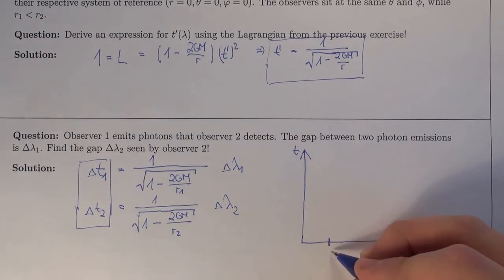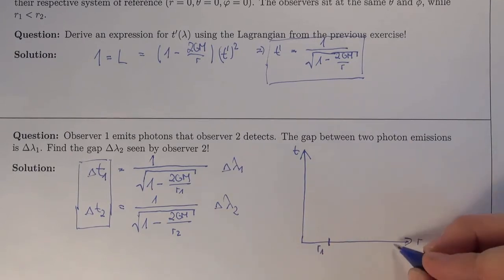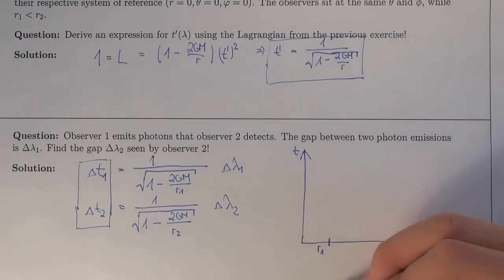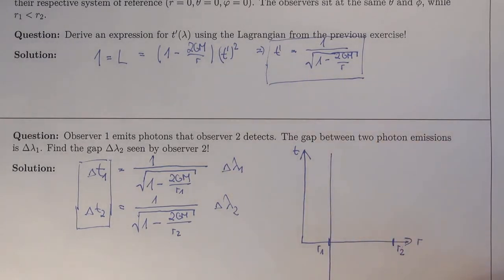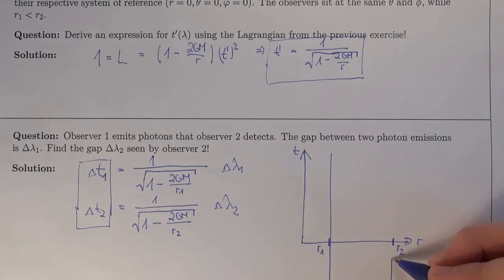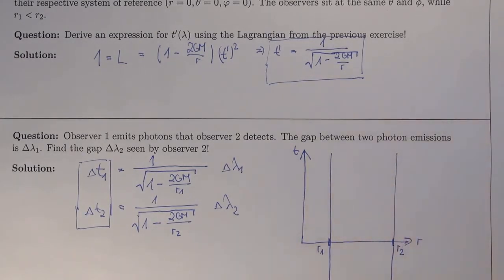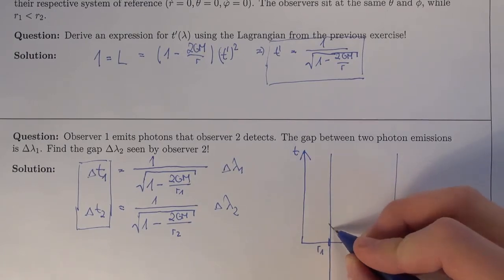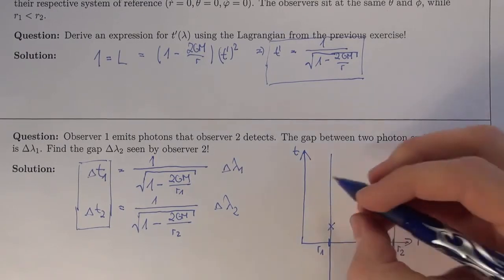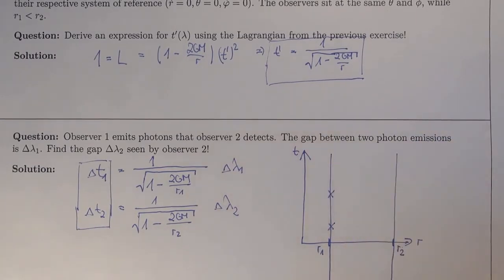We have observer 1 sitting at r1, observer 2 sitting at r2, and the world line looks just like that, as the coordinates in space, r, theta and phi, never change. These are the world lines of both observers. Now, observer 1 emits a photon here and a photon here.